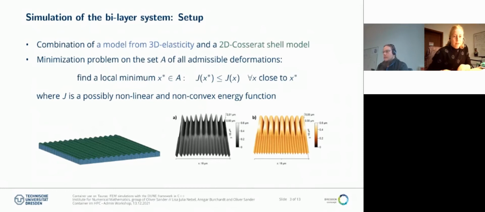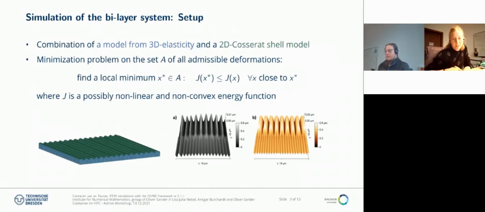So from the combination of these two models, we can construct an energy function that represents the energy of the whole system. This energy function is possibly, or very likely, nonlinear and non-convex. And we would like to find a local minimum of that. And then we know this minimum is the deformation function we're looking for.